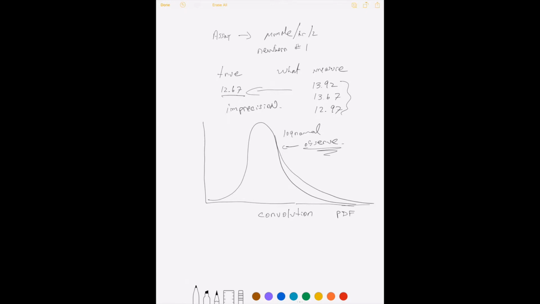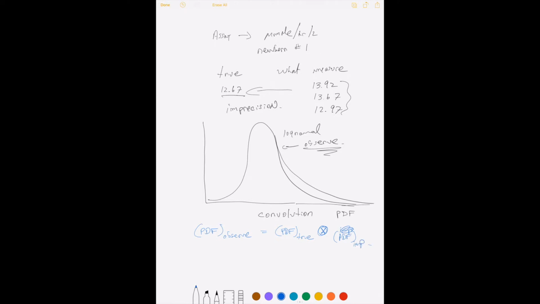So what I'm trying to say is that the probability distribution that we observe is equal to the convolution between the probability distribution of the true values of enzymes in the blood spots, convoluted, given this symbol X with a circle, with the probability distribution due to imprecision.